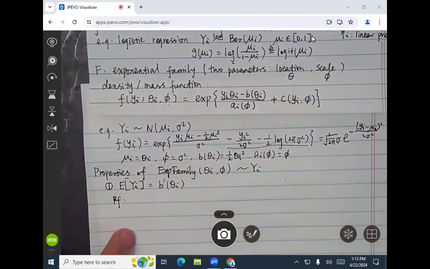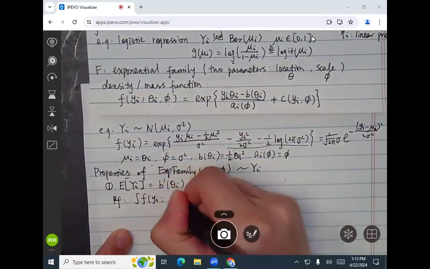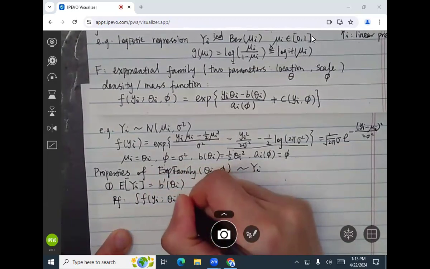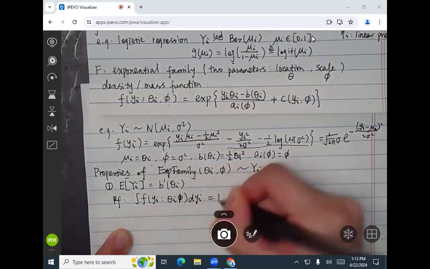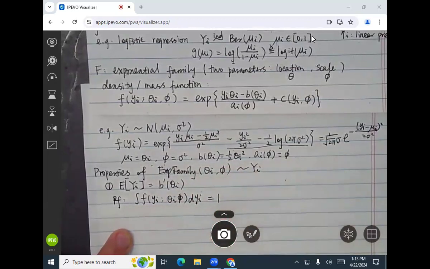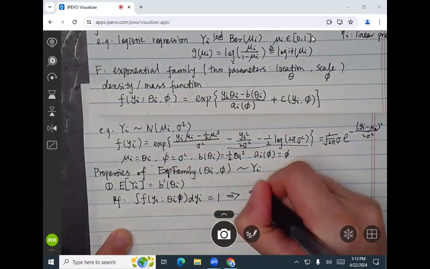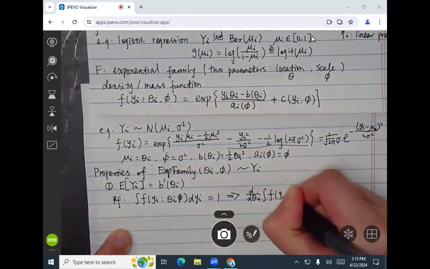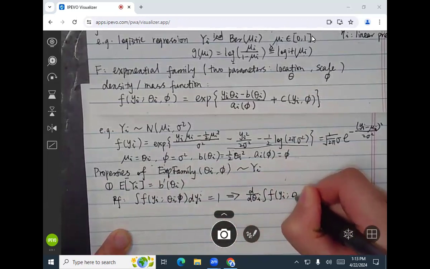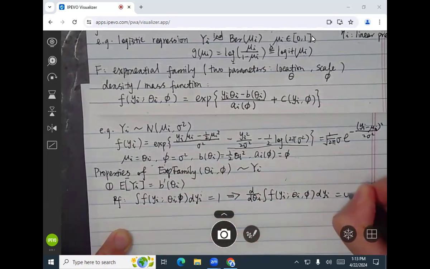So first, we start from the fact that the integral of f(yi; theta i, phi) dyi is equal to 1 by the definition of the density function. Then if we do the differentiation against theta i, this is 0, right?